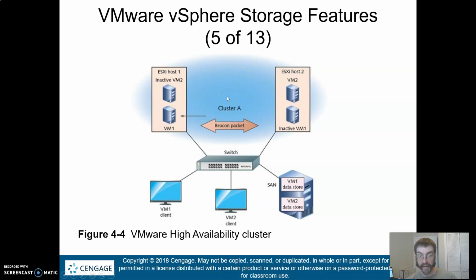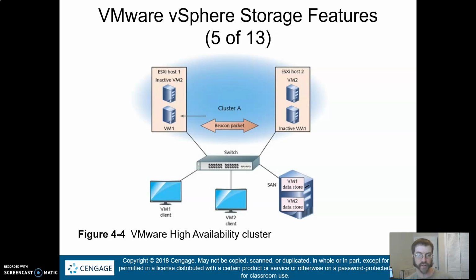And if the beacon packet stops, the systems can assume, okay, it's gone. And they might do some other cross-checking, actually reach into the storage and say, hey, is there still a lock on that file? If the beacon packet is no longer transmitting, but there's still a lock on the file, that suggests, hey, it's still up. I can't talk to it, but it's still up, so I'll leave it alone.